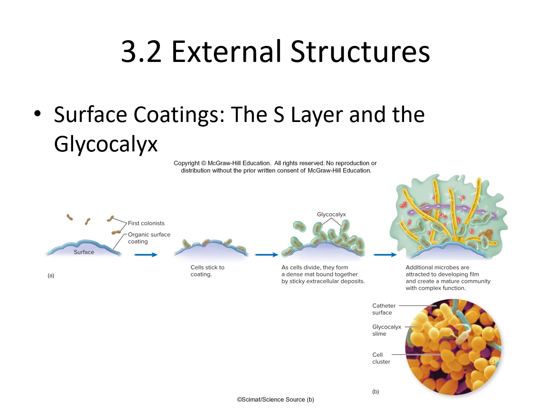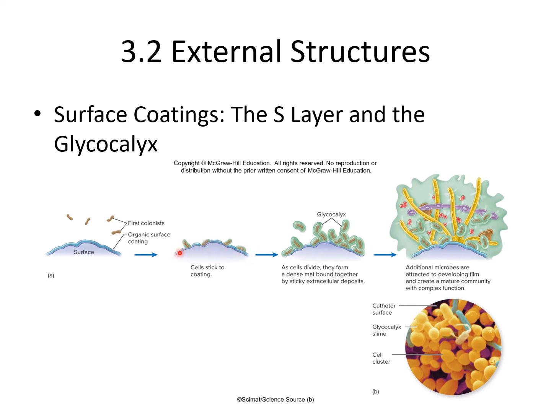What we see happens is that some first cells that have a glycocalyx will adhere to something. This surface could be your teeth. It could be the valves in your heart. It could be a catheter. First ones can bind.